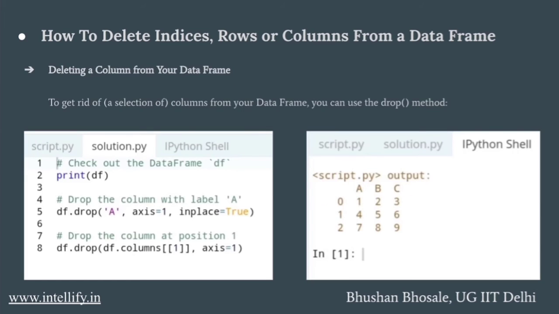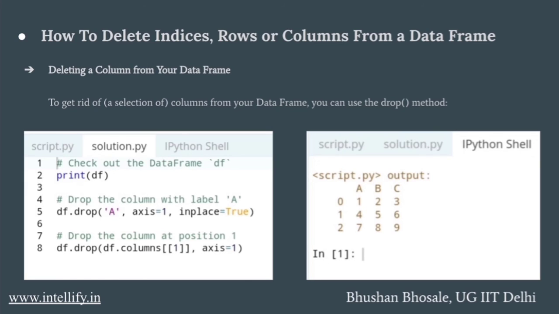Alright, now deleting a column. To get rid of a column or a section of columns from a data frame, you can use the drop method. So we have seen in deleting a row also that we use a drop method, and in deleting a column we also use a drop method. So whenever you want to remove a column or a row, we use the drop method.